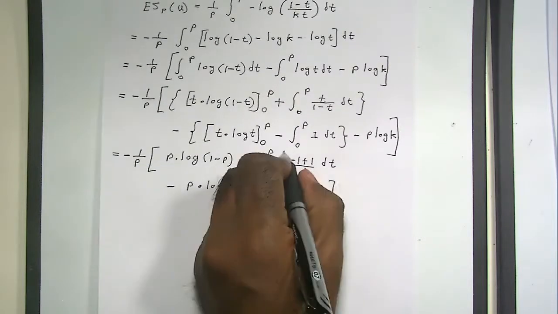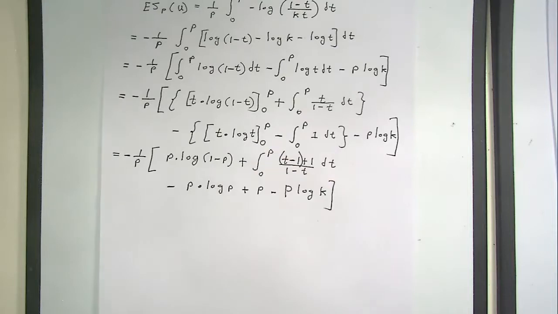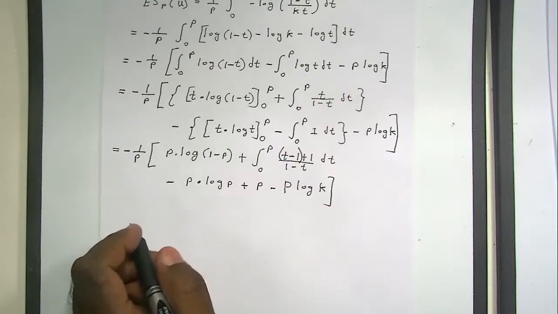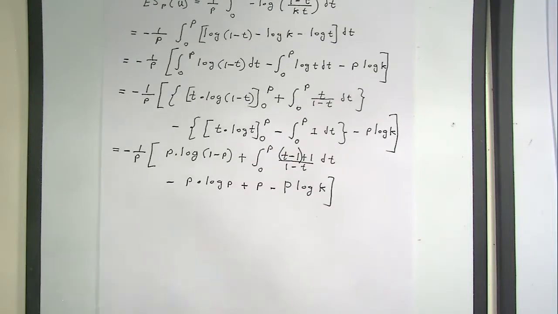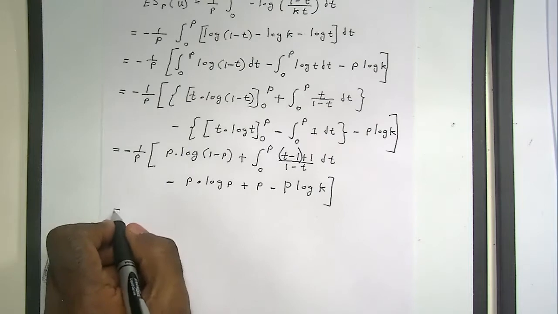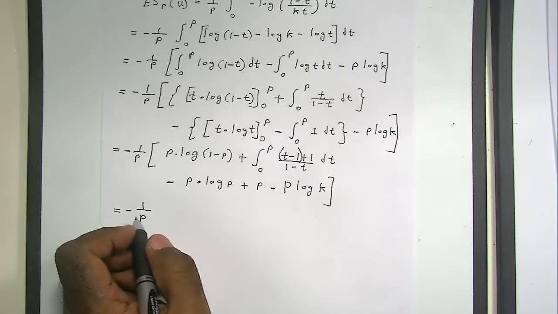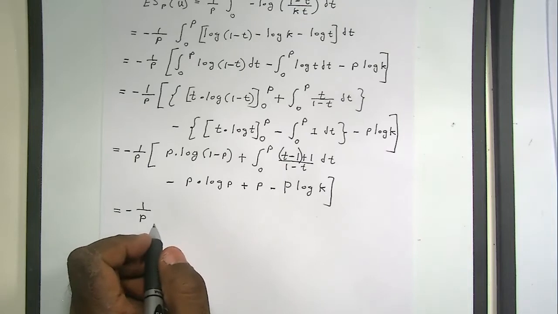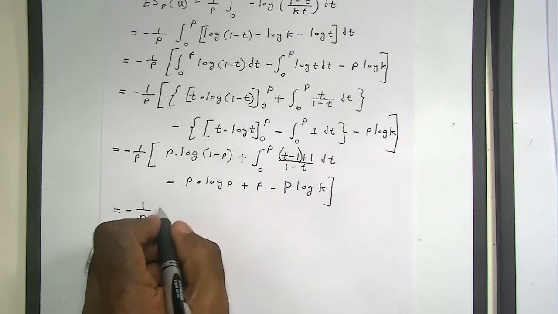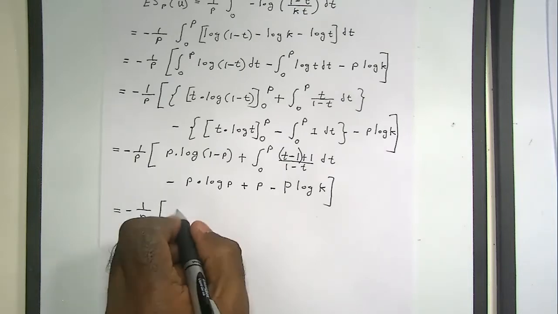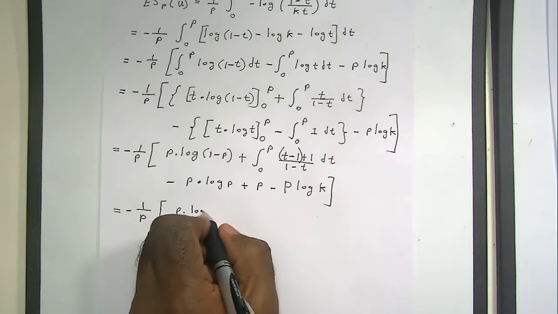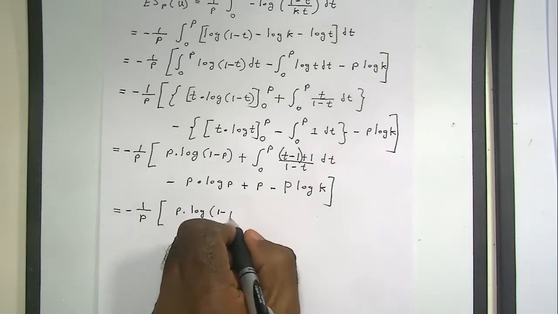And here you have two terms, two different integrals. So you get the following. You get p log of 1 minus p.